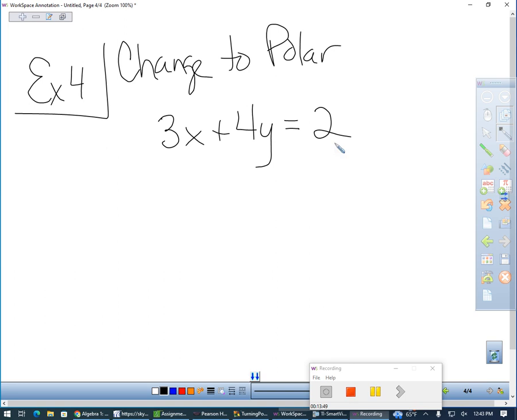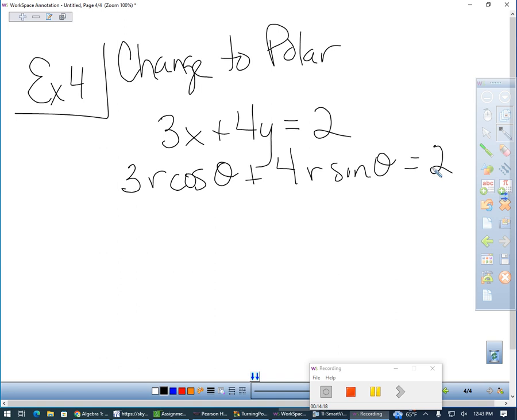The first thing we can change is x. What can I change x out for? R cosine theta, yes. Plus, what am I going to change y out for? R sine theta. Very good. Equals 2.